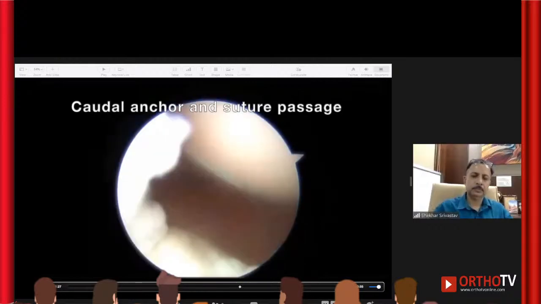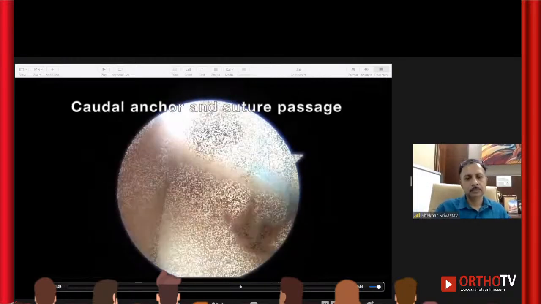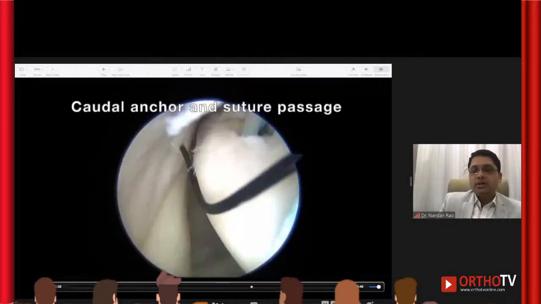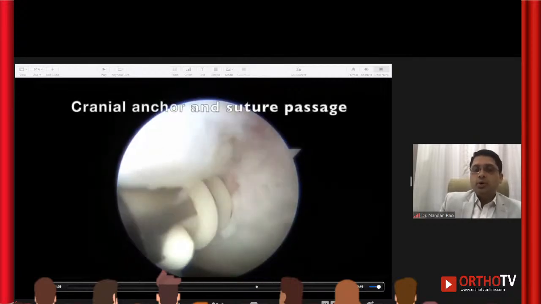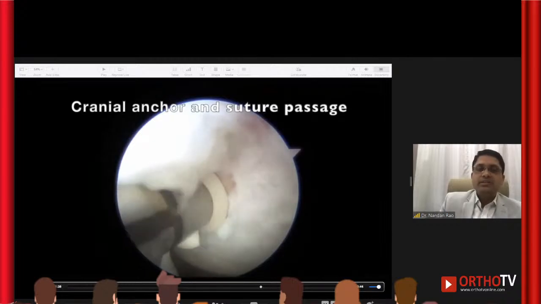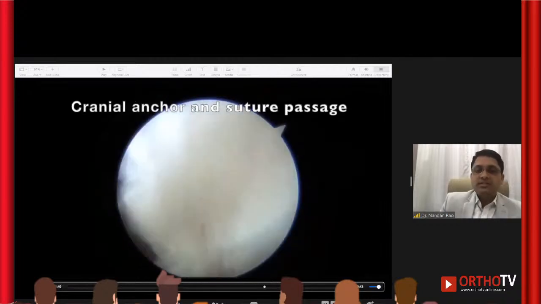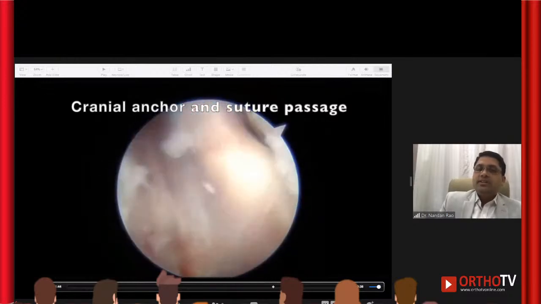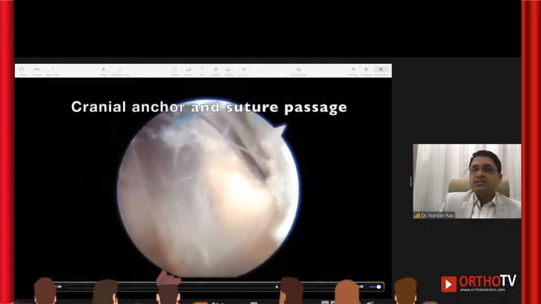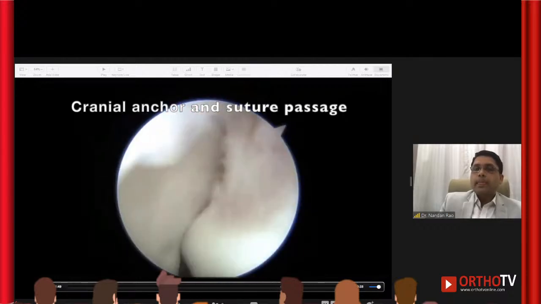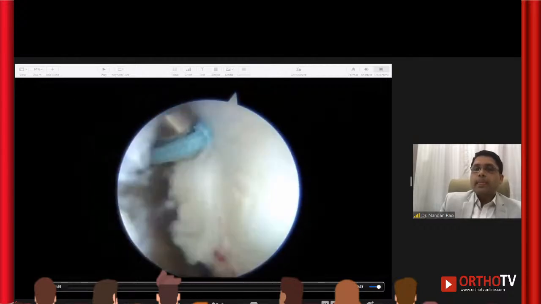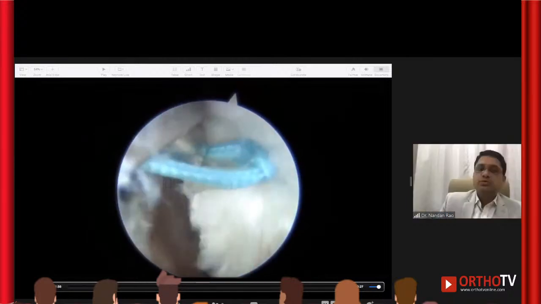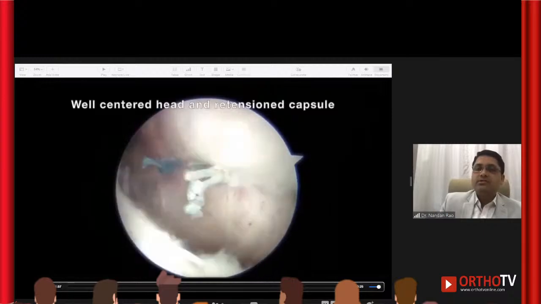You have to keep in mind that the stitch should come at the level of the anchor, neither medial nor lateral nor superior nor inferior, because we don't want to retension the subscapularis. We just want to fill in the reverse Hill-Sachs with the subscapularis. So the reverse Hill-Sachs lesion gets filled with the subscapularis tendinous part with the help of vertical mattress sutures. So these are the vertical mattress sutures.